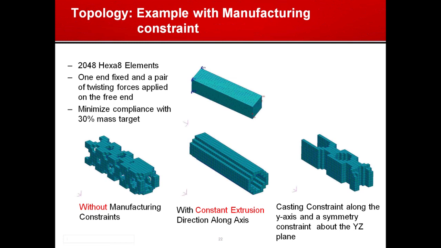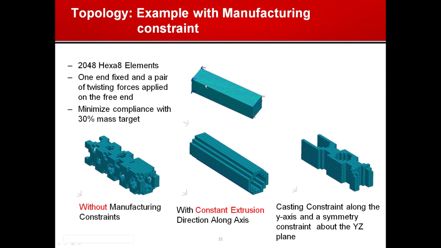Another option that we have available in Nastran is the manufacturing constraint, because not all the designs that topology optimization comes up with may be manufacturable. So you have to allow for manufacturing constraints.